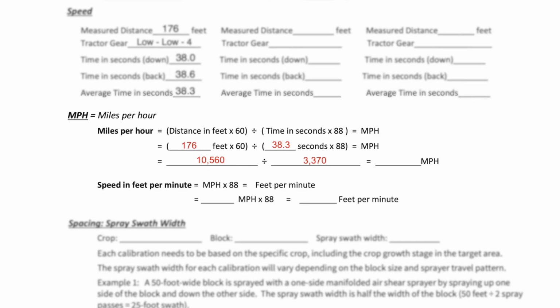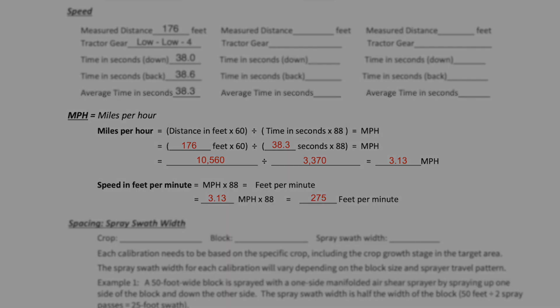This will give you your speed in miles per hour, which in this test is 3.13 miles per hour. Then, multiply the miles per hour number by 88 to arrive at the feet per minute being covered by the tractor and sprayer. This comes to 275 feet per minute in our test.